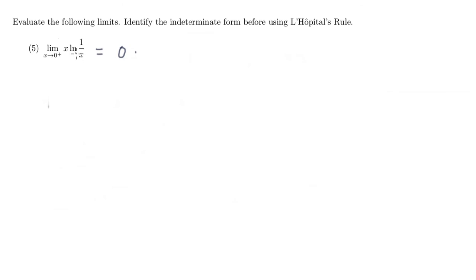So log of a number going to infinity is also going to infinity. So this is an indeterminate form. But of course, it's not in an indeterminate form that allows us to use L'Hopital's rule. So we just got to be creative.